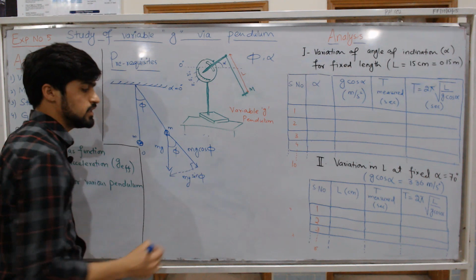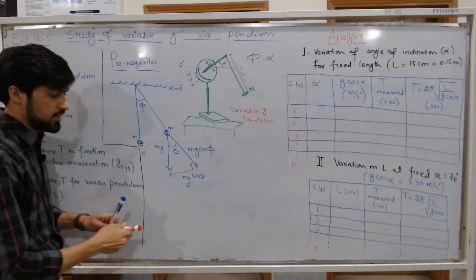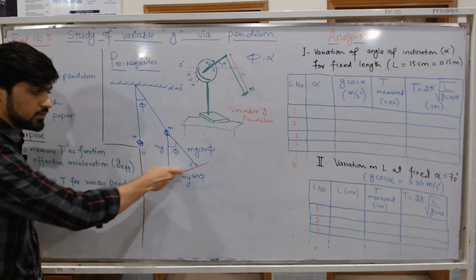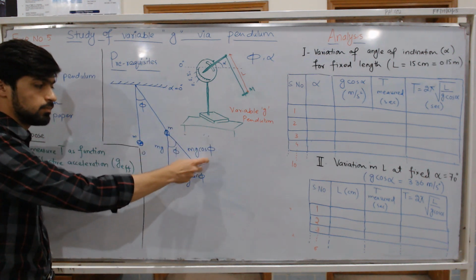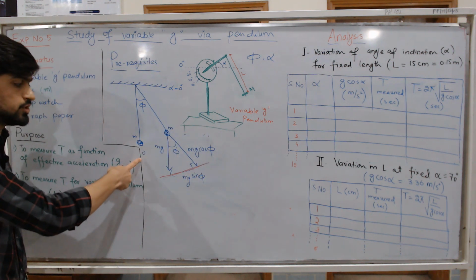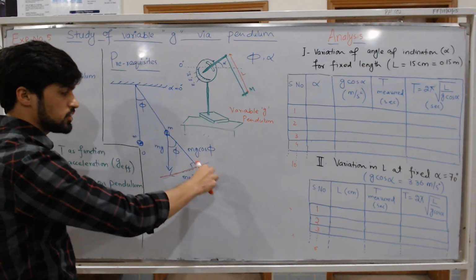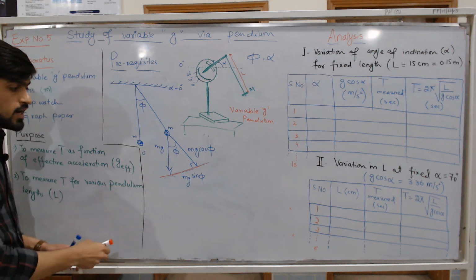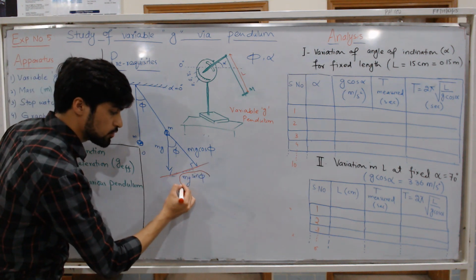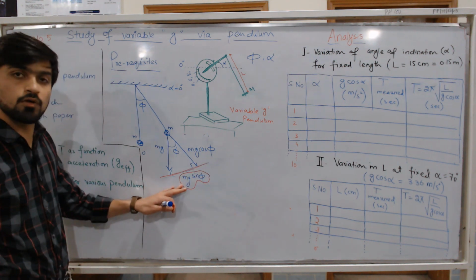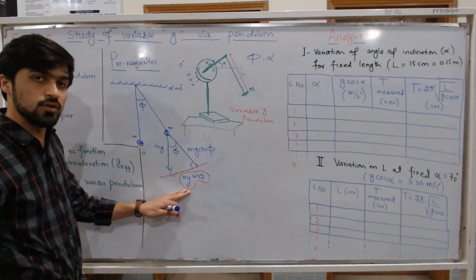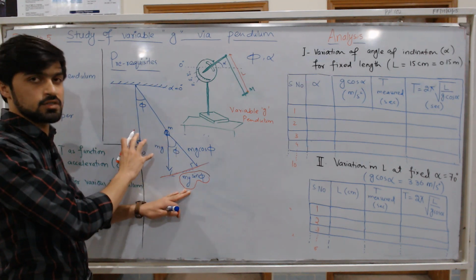So clearly we can see that this component is responsible to move the bob of mass m back to its mean position O. Along this direction there is no motion. The motion is along this direction. So I can say that this is our restoring force, or this is the effective component of the weight, the effective component that is responsible to move the pendulum back to its mean position. Simple.